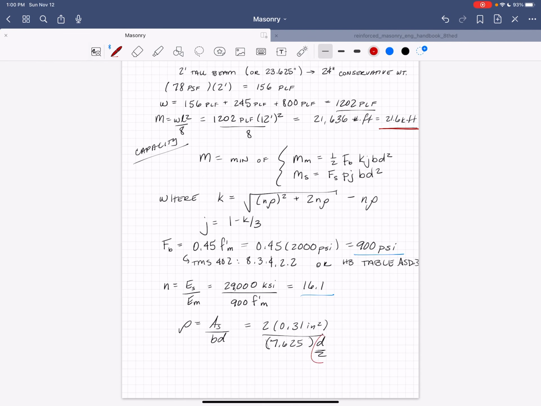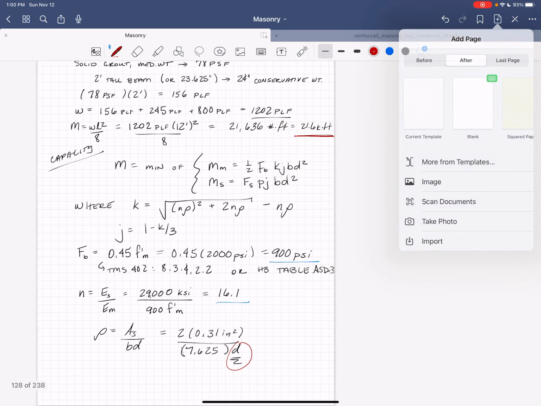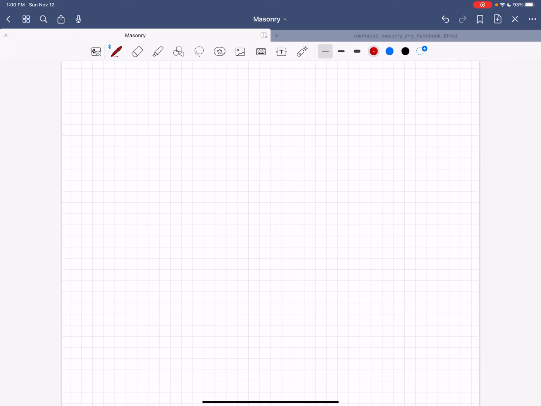We need to find d. Let's add another page and start working on that. I'm going to draw the cross section here to help us out. I'm trying to find d.